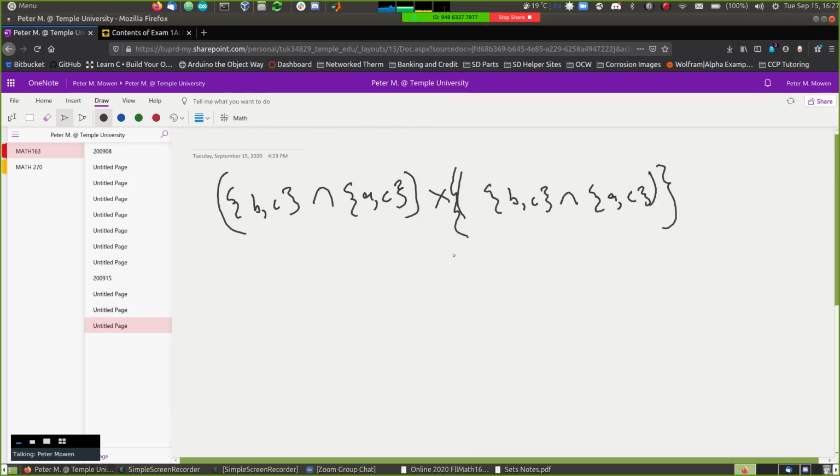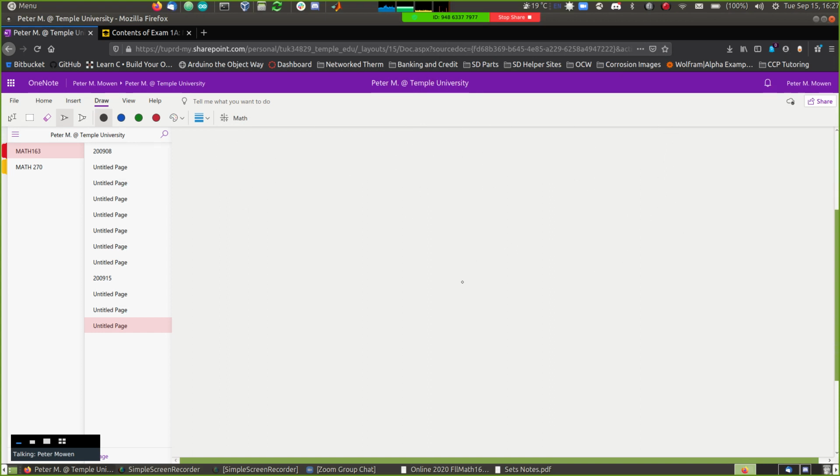Cool. So first we can take care of B comma C intersect A comma C. So what's the intersection of these two sets? Yeah, it's just the set containing C.